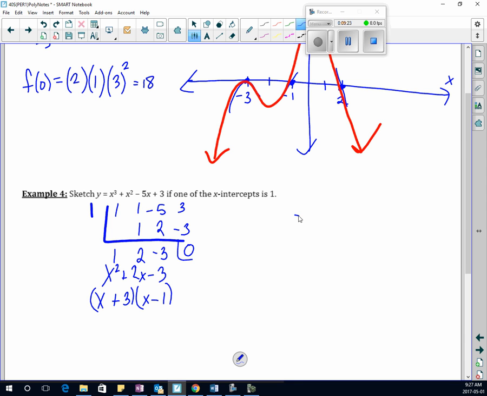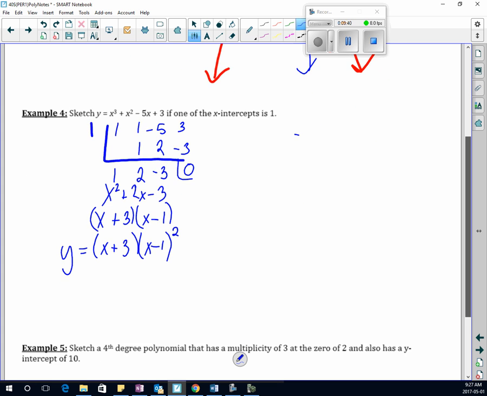Okay? Is everybody good? So what is it? What is this actually factored to be? x plus 3, x minus 1 squared. There's 2 of them. Do you see that? Okay, we're going to do a sign diagram.